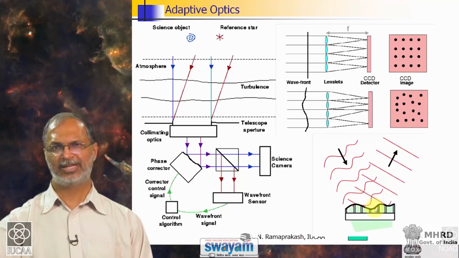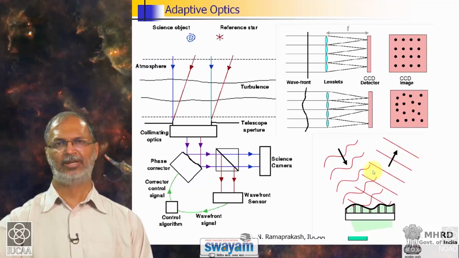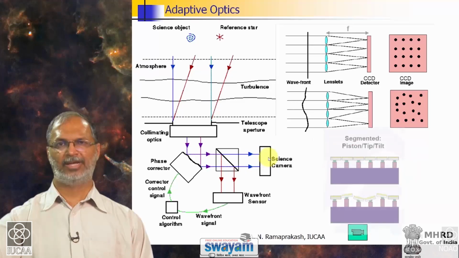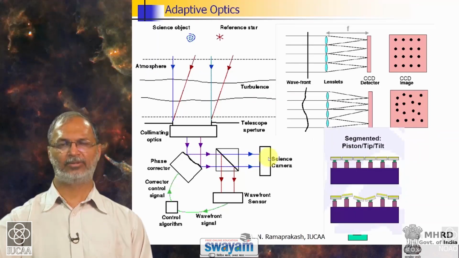The shape exactly compensates for this distortion, and the reflected wavefront becomes plane parallel, and that is what this deformable mirror does. So, what you get here is a corrected wavefront. The light which is coming from the science target passes through the beam splitter and forms a fine diffraction limited image on your science camera, which is completely compensated for the atmospheric effect. So, that is how an AO system works.